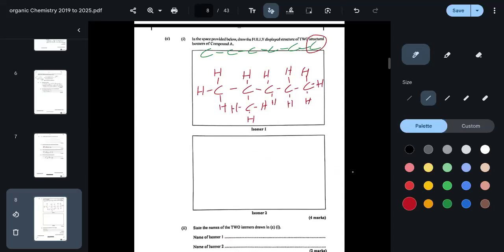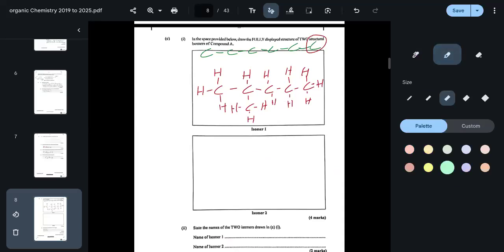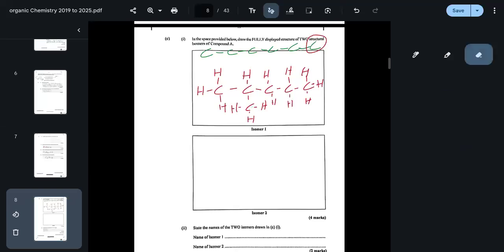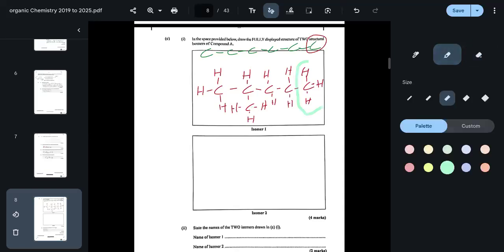All right. So what I would do next, I can do two things. Just because this chain is long, I can just move this methyl group to carbon three. But I'm going to break the chain, so I can take off a next one.